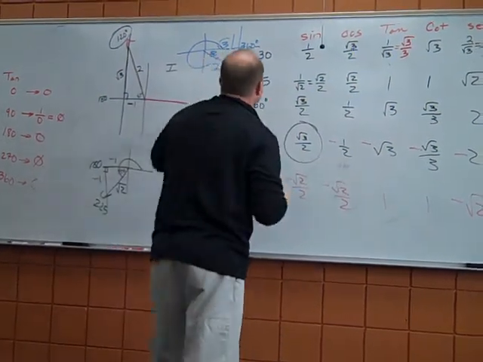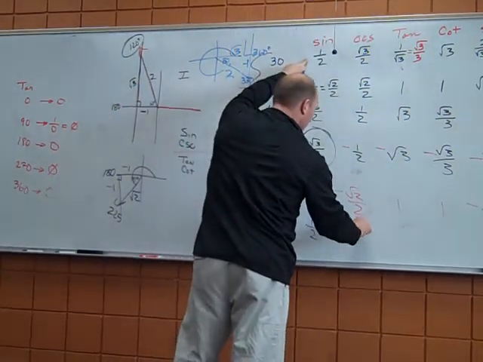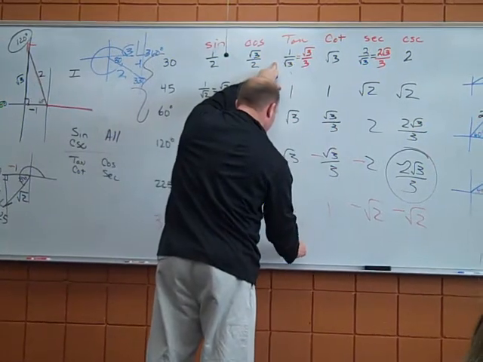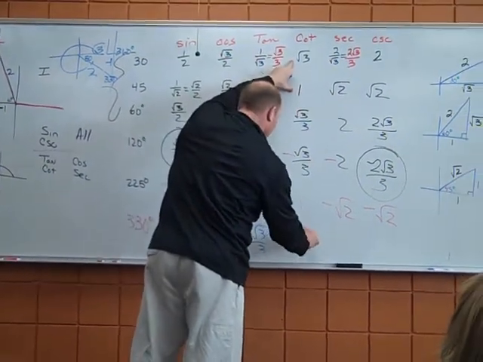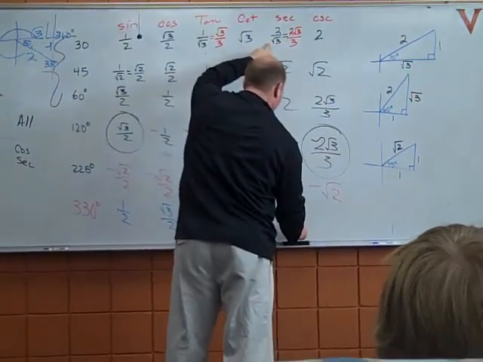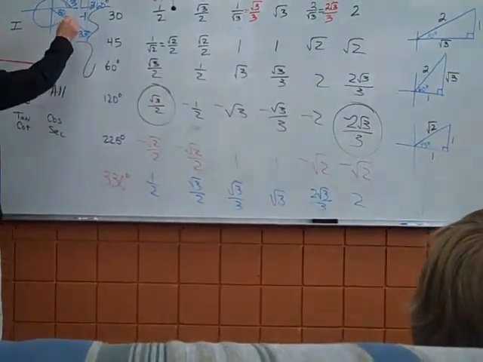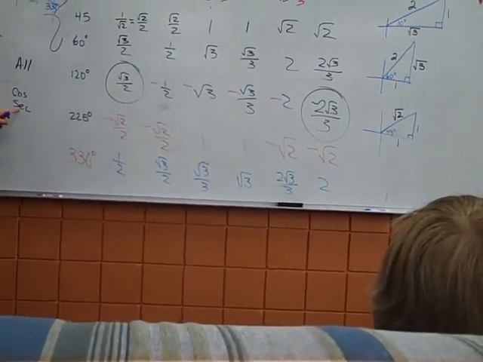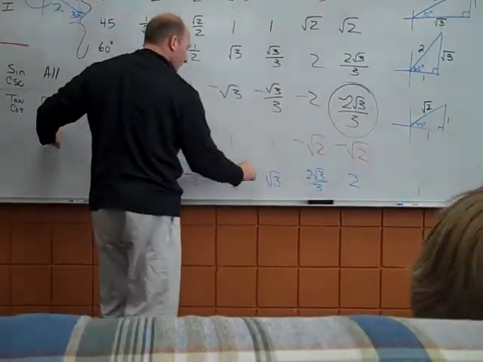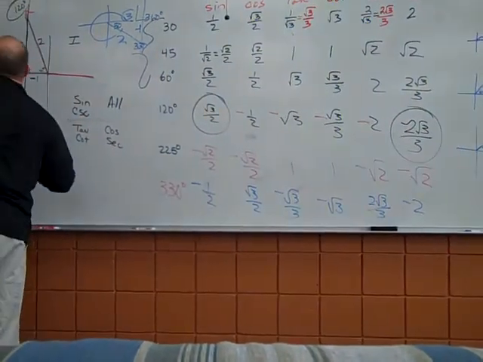I personally will cheat and look at this. 1/2. Radical 3 over 2. Radical 3 over 3. Radical 3. 2 radical 3 over 3. And 2. And then I'll say, okay, I'm in quadrant 4. Only cosine and secant are positive. So all the rest are negative.